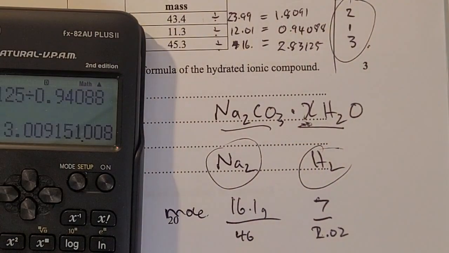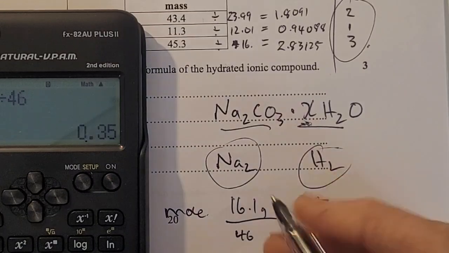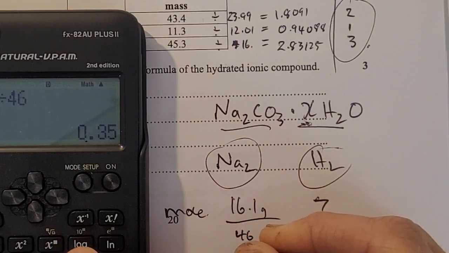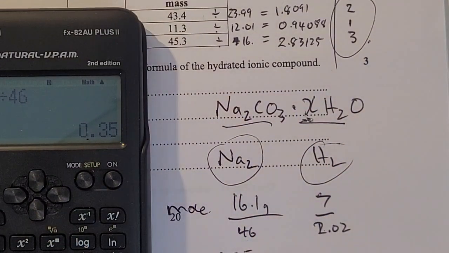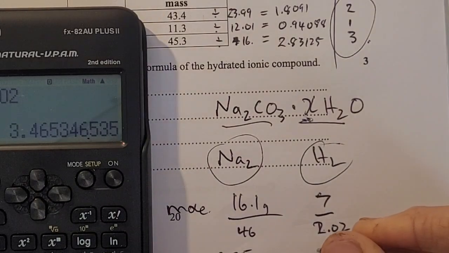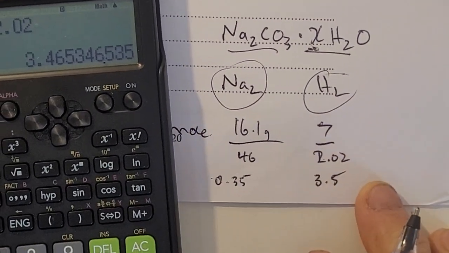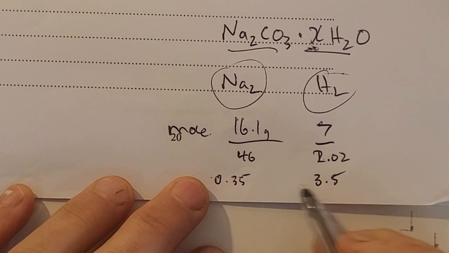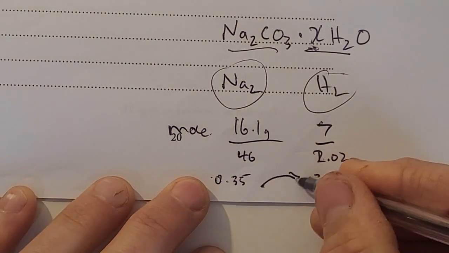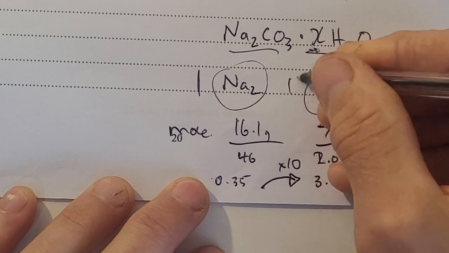So let's see what we've got. 16.1 divided by 46 is 0.35. 7 divided by 2.02 is 3.5. Okay, so this is obviously 10 times larger. So if you have 1 mole of this, we've got 10 moles of that.